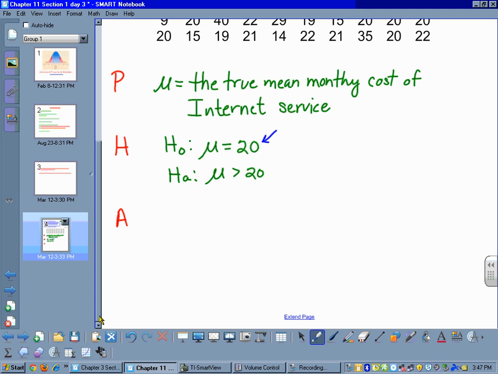the assumptions. First assumption, X bar is from an SRS as stated above.